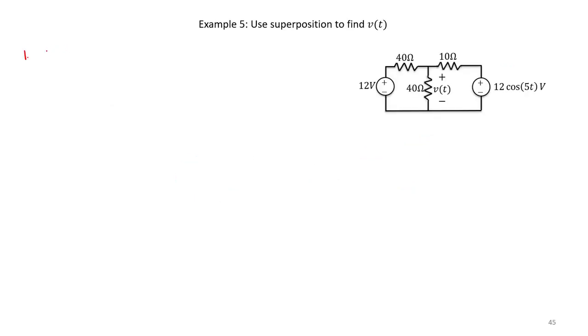So remember, our first step is to draw the circuit with each source considered individually. So we consider each source separately. And remember, the extra voltage source is replaced with a short.